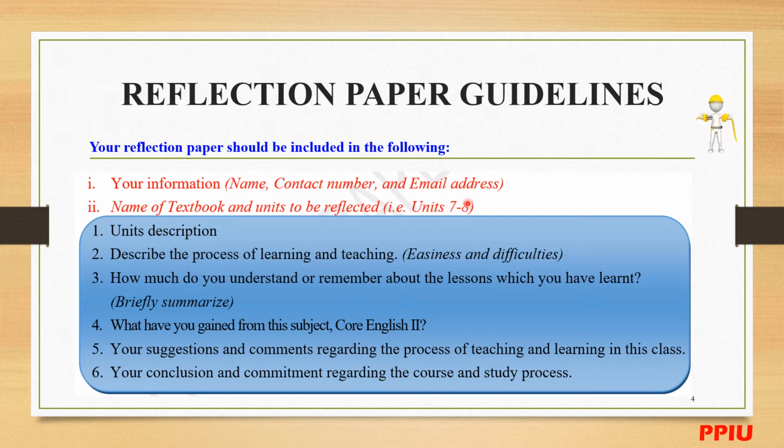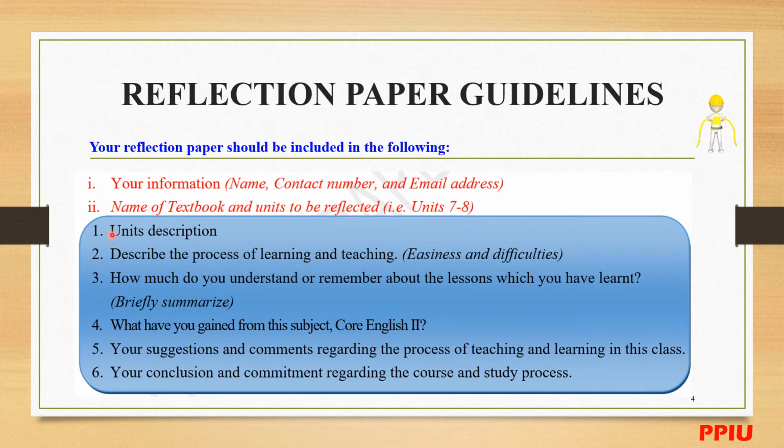You better write it down on the top of your paper. And to avoid confusion, you can insert the name of the textbook you need to reflect on. For example, unit 7 and unit 8, you better mention it, to avoid confusion. So you include that.